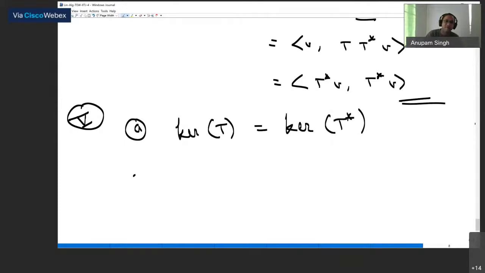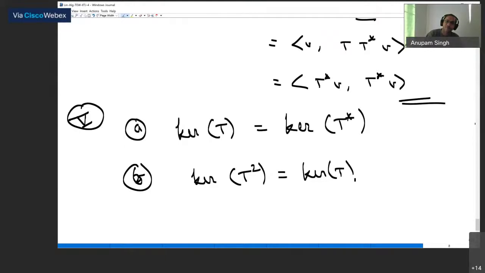Not just that, part B is that the kernel of T squared is going to be the same as the kernel of T. In fact, it is the same as the kernel of T to the power k for any k greater than or equal to 2. In fact, all kernels match.